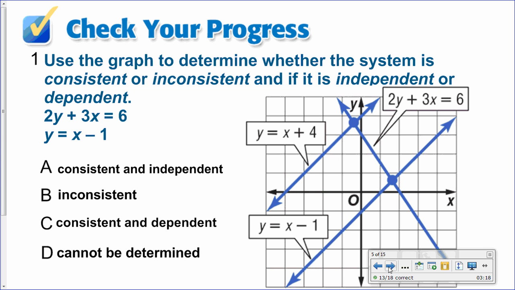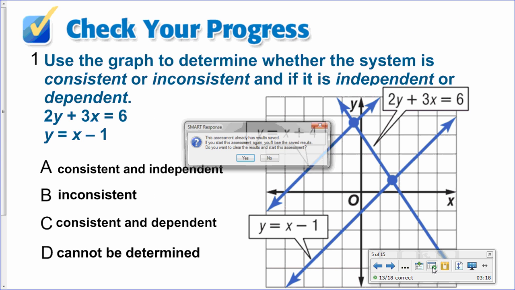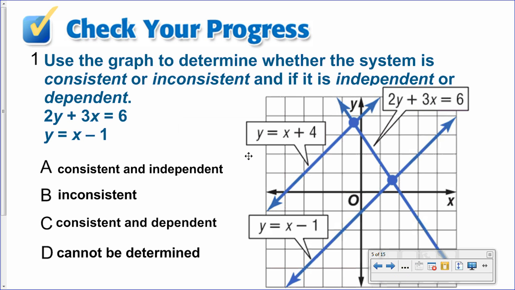All right. Answer this one on your clickers. Use the graph to determine whether the system is consistent, inconsistent, and if it is independent or dependent. One nice thing here is the first equation's in what form?